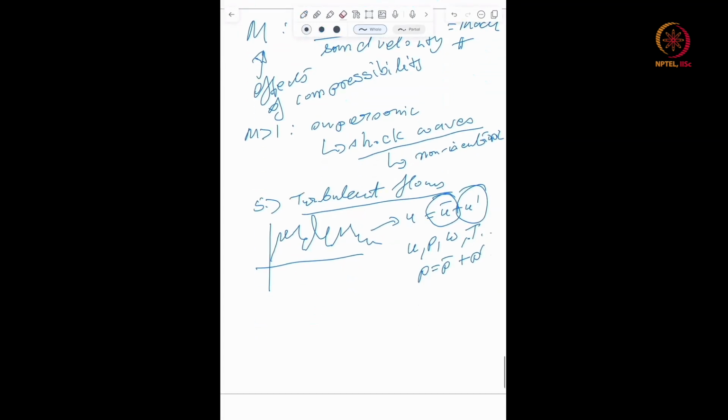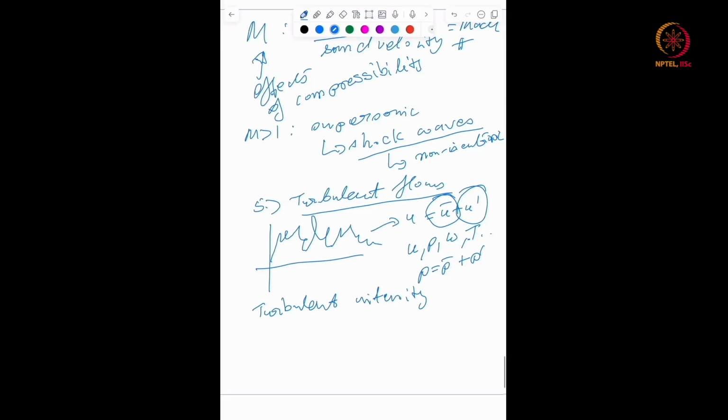An important parameter here is turbulent intensity, the ratio of the root mean square fluctuation to the mean velocity.